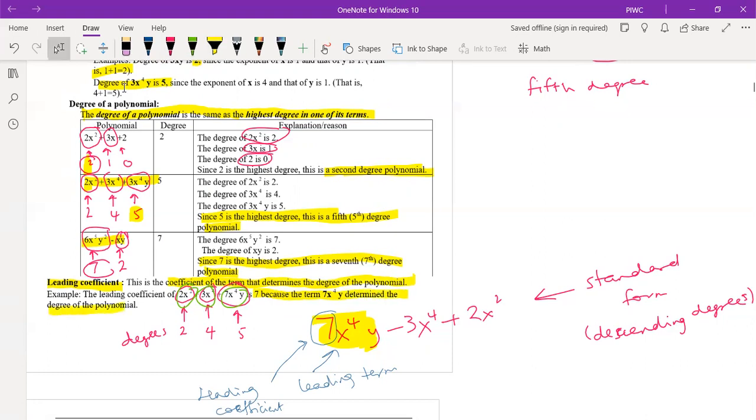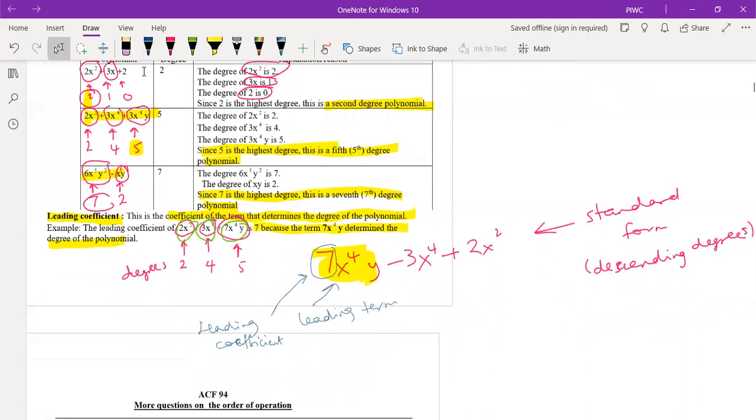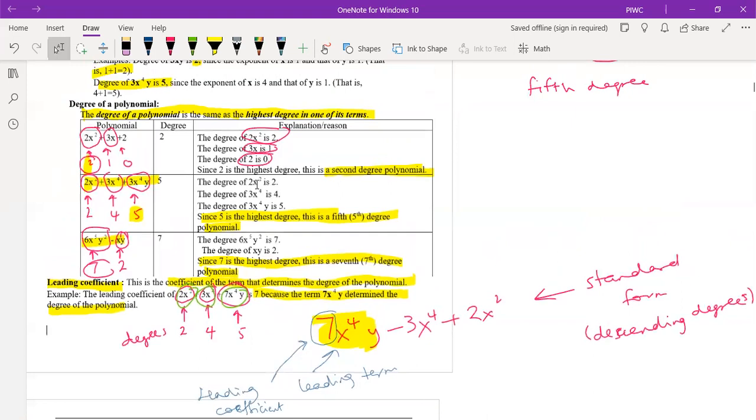All right. So I hope this helps you understand what polynomials are, algebraic expressions, and how to find the degree of polynomials.